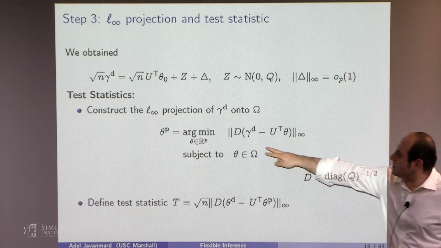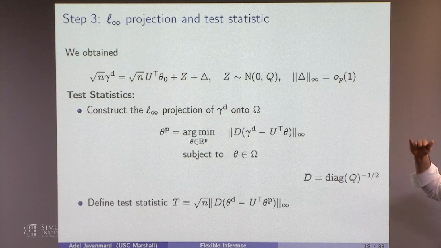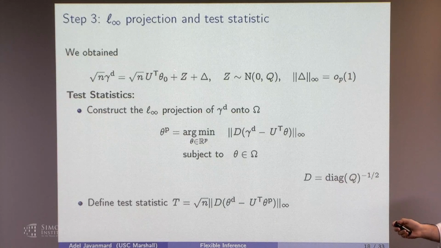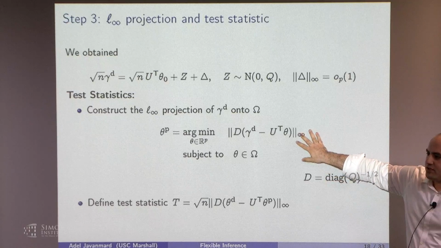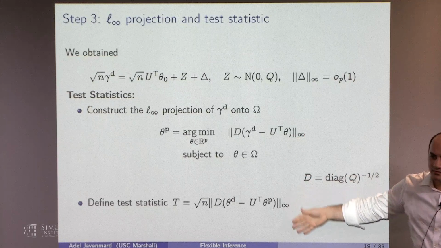This matrix D here is just chosen to make this Z standard normal on each coordinate. So it has correlated coordinates, but I want each coordinate to be a standard normal. So this is just some diagonal matrix to normalize things, and then I do the infinity projection. And then the test statistic is the value of this optimization.